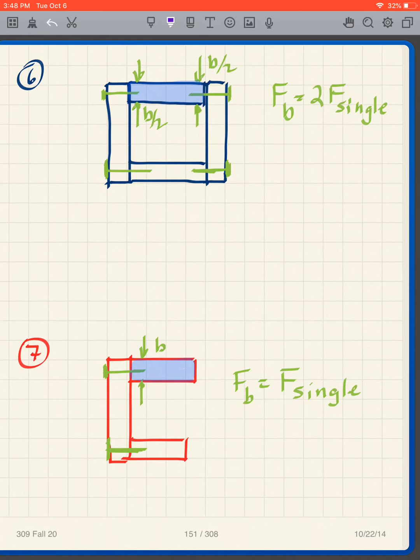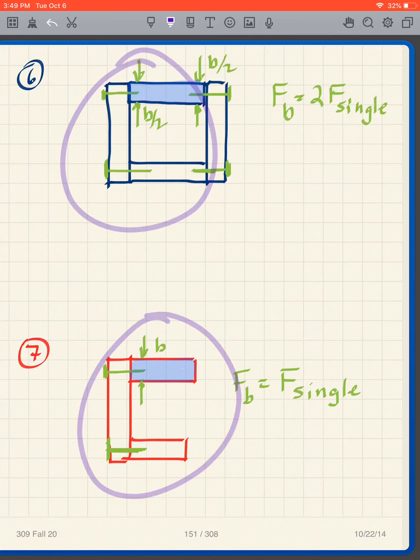And so I'm going to do it similar to the previous one. That's B over 2, and that's B over 2. My FB, because I'm shearing off two bolts, is going to be 2 times the single bolt. So I'm basically doing similar tricks, but there's a slightly different configuration for the box. So this now looks similar to this.